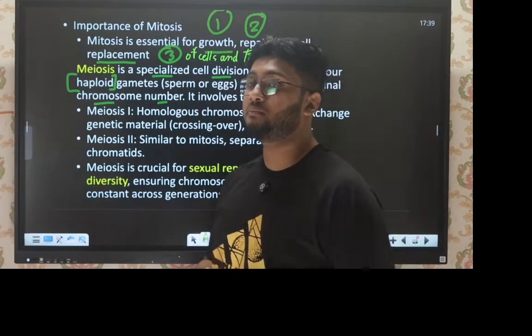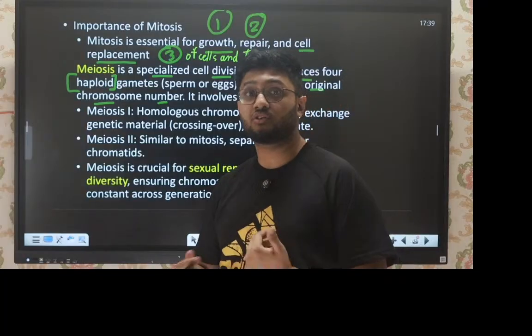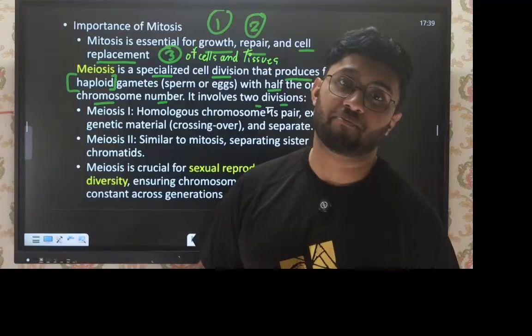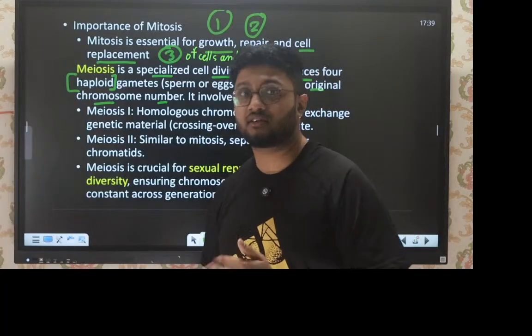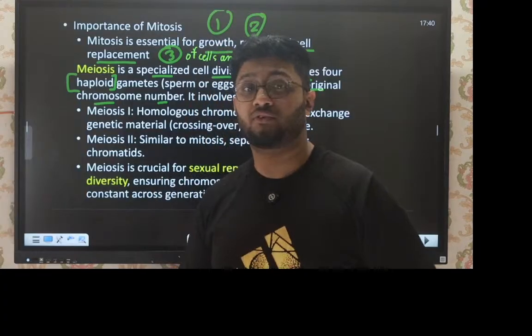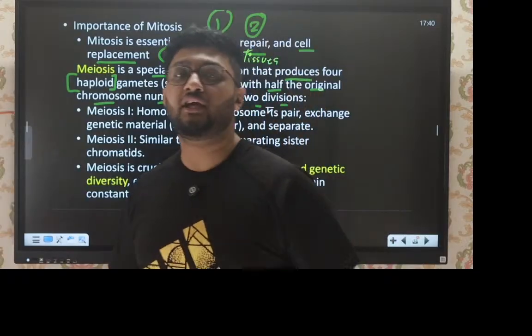So if the original chromosome number was, let's say, 22, half that, 11, is going to be the haploid number.